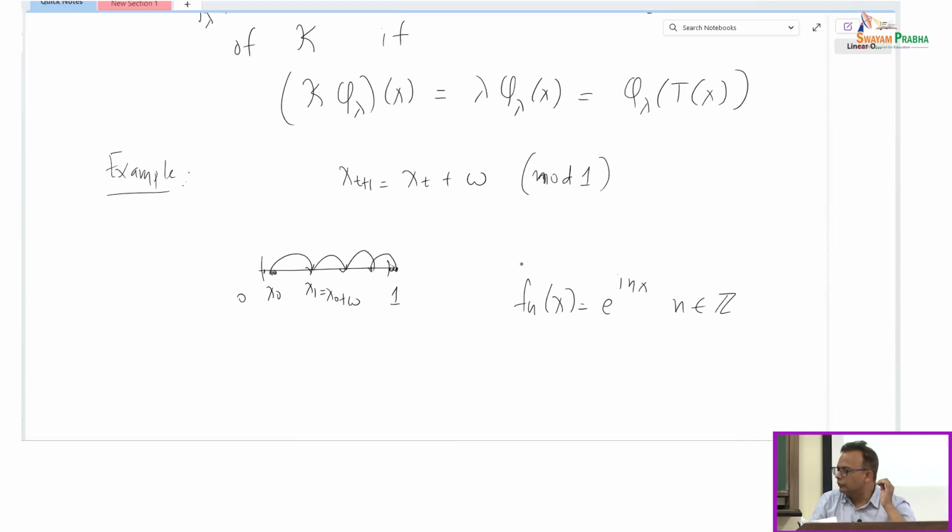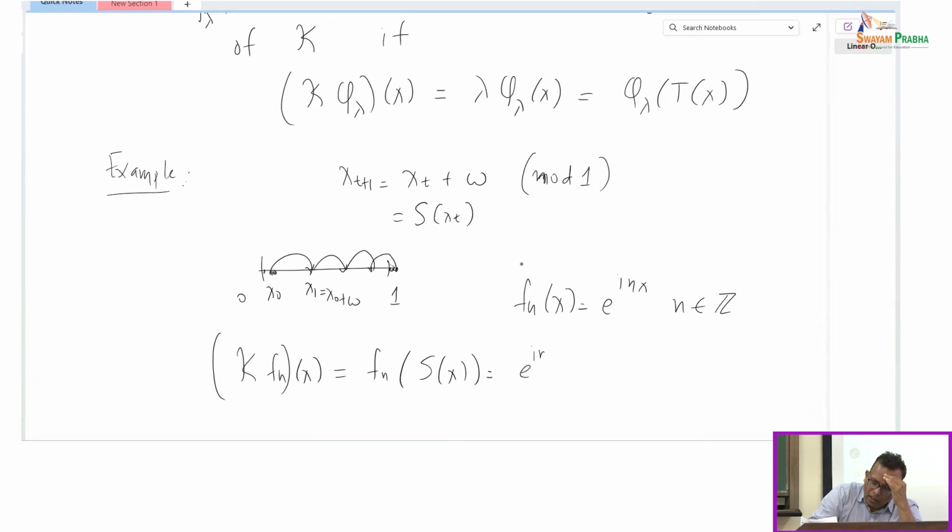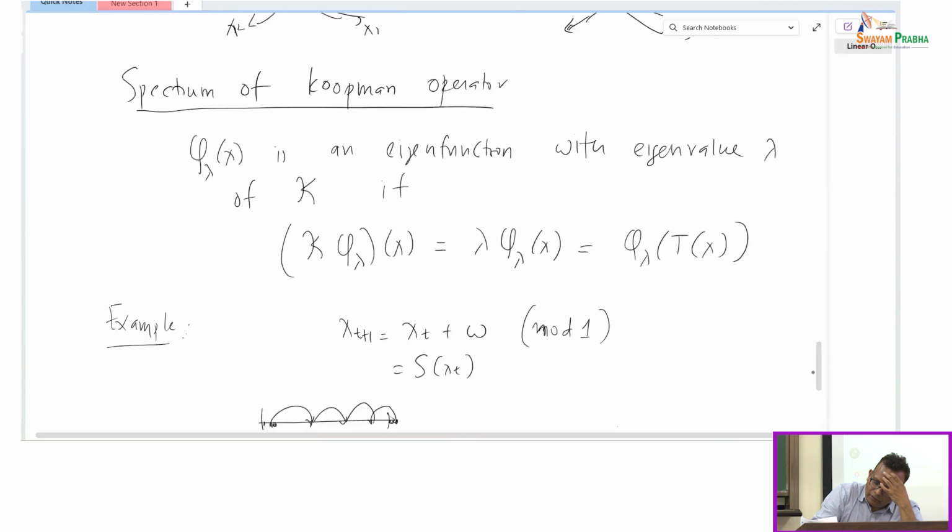Now see what the action of the Koopman operator associated with this is on this function. Let's call the map s of x_t. Koopman f_n of x is f_n of s of x, which is e to the i n times x plus omega, which is e to the i n x times e to the i n omega, which is the same as e to the i n omega times f_n of x.